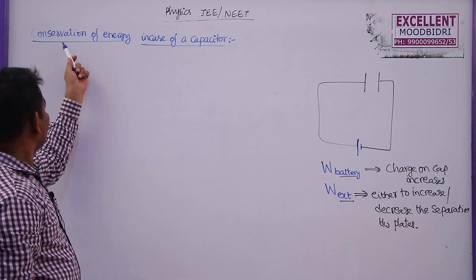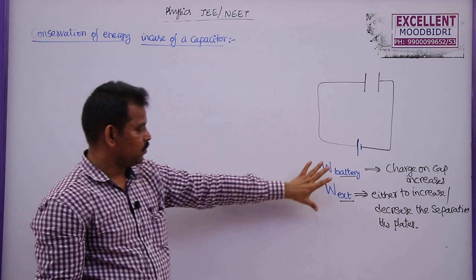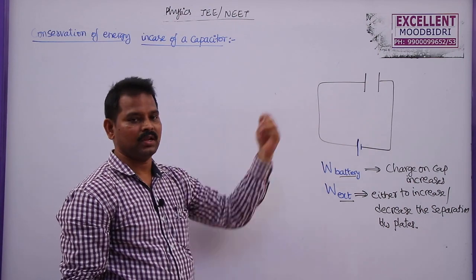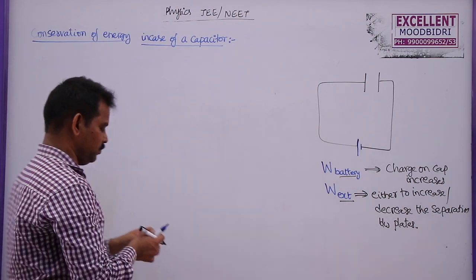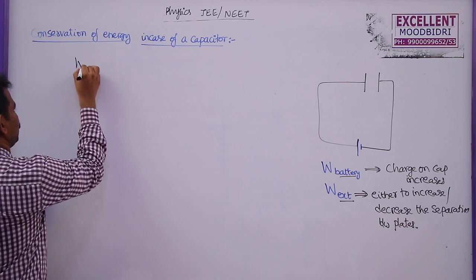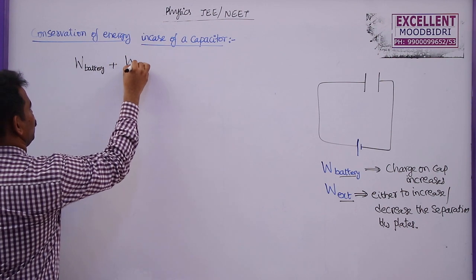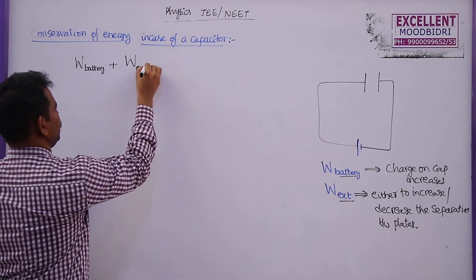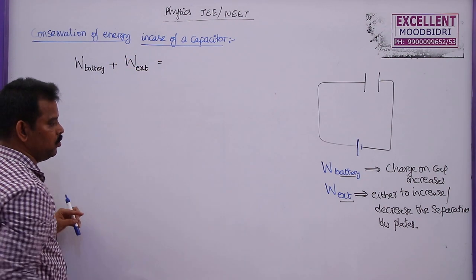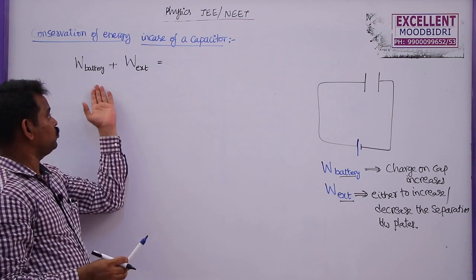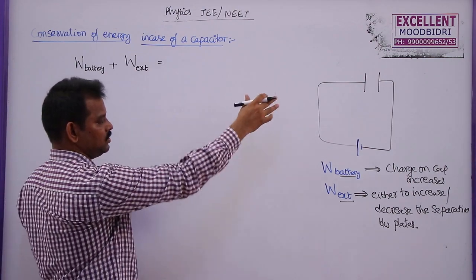But conservation of energy states that whatever work is done by us will be stored as energy. That is also the work-energy theorem. So it states that the work done by the battery plus the work done by the external agent or force is equal to, due to these two, what happens? The charge increases.